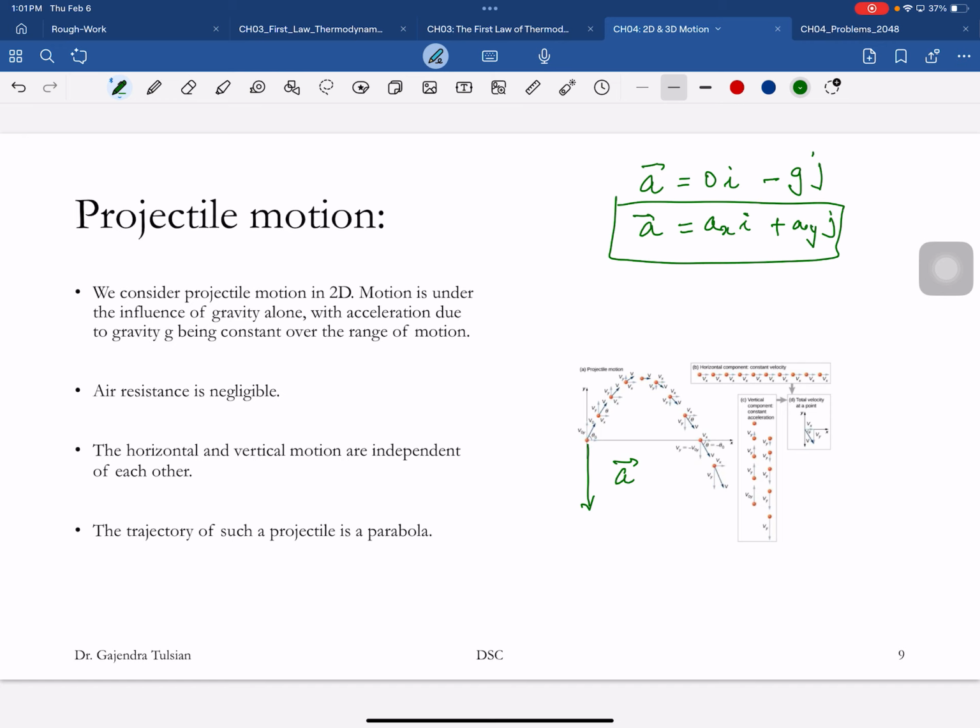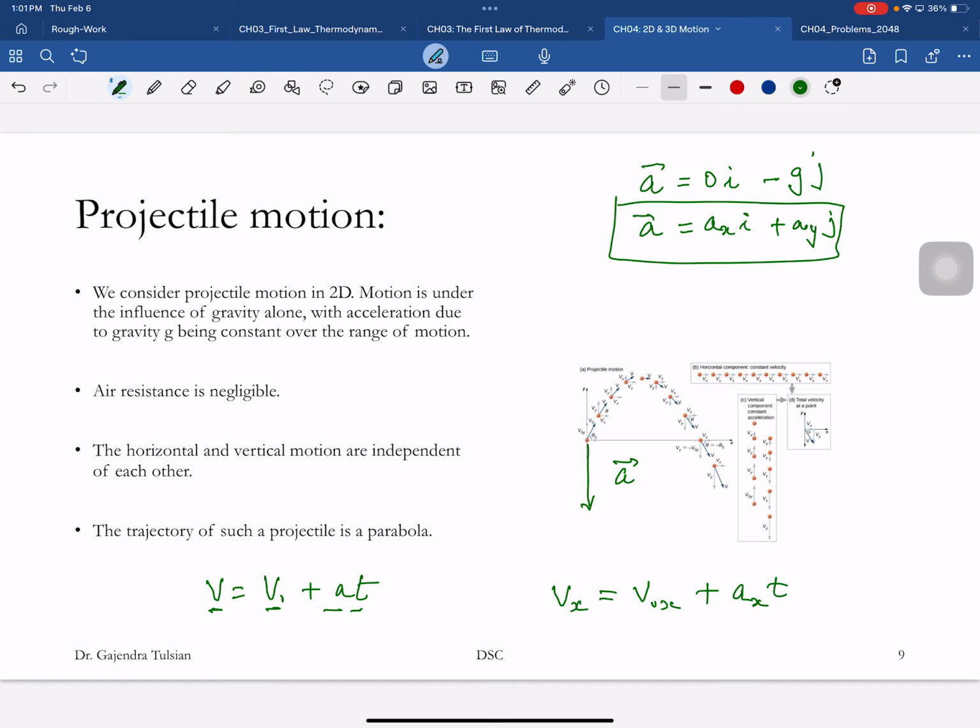All right, so let's do the following. You have seen this equation. When you're accelerating, this is how your velocity changes. Let's write that equation for the x component. The final velocity is the initial velocity plus acceleration times time. So the x component is the initial x component of the velocity plus ax times t.